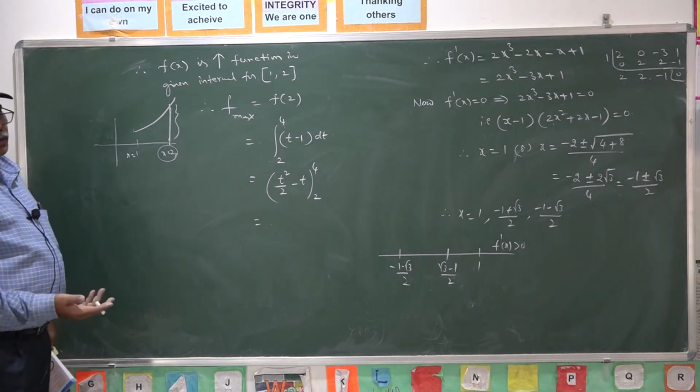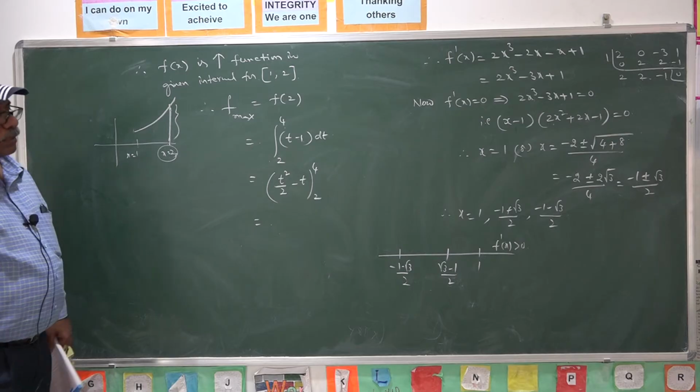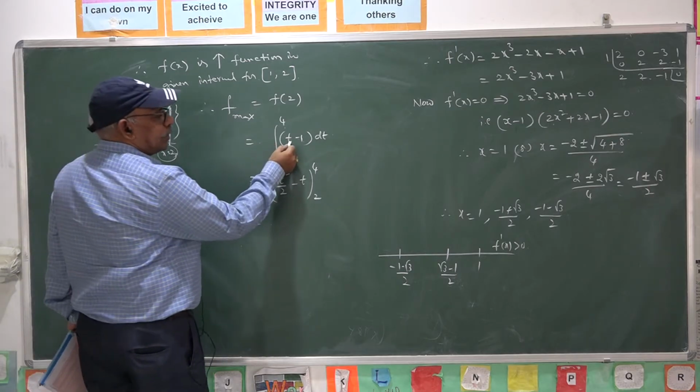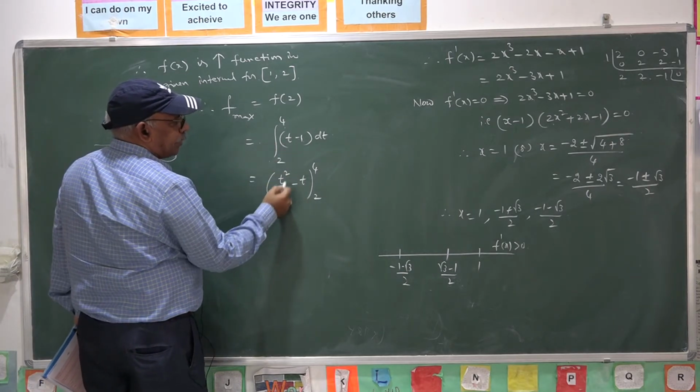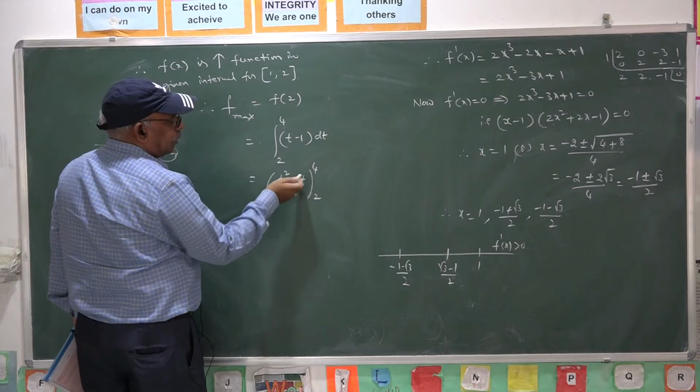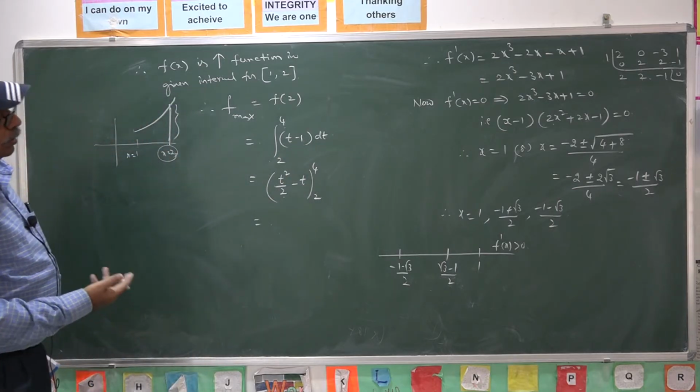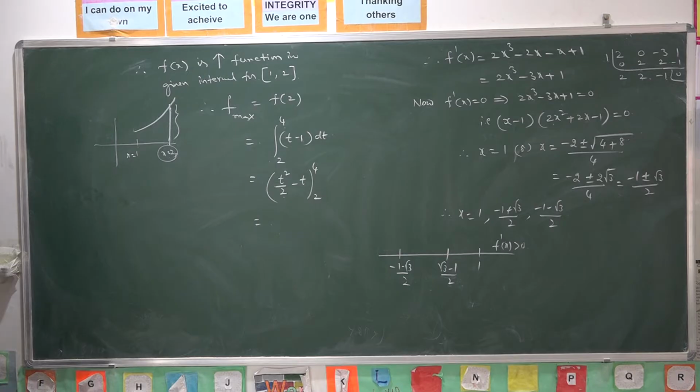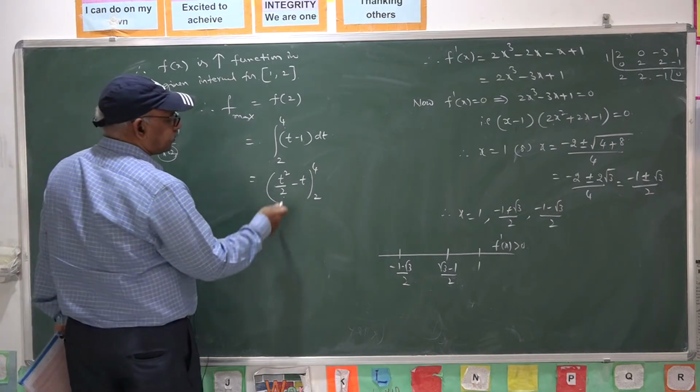Integral is nothing but reverse process of differentiation. It is a simple integral. Integral of t is t square by 2. Integral of 1 is t. So you are familiar with that once the integral is considered. In the chapter you come across those concepts in the chapter integrals, the next chapter.